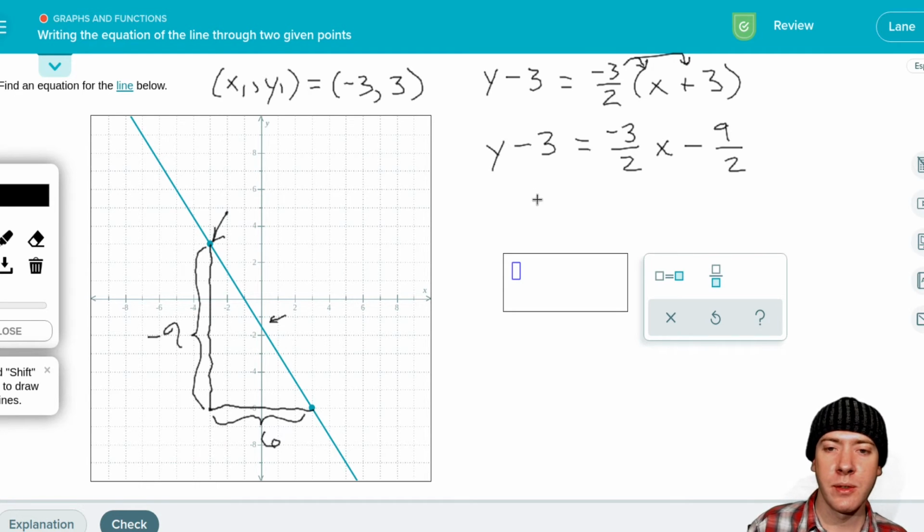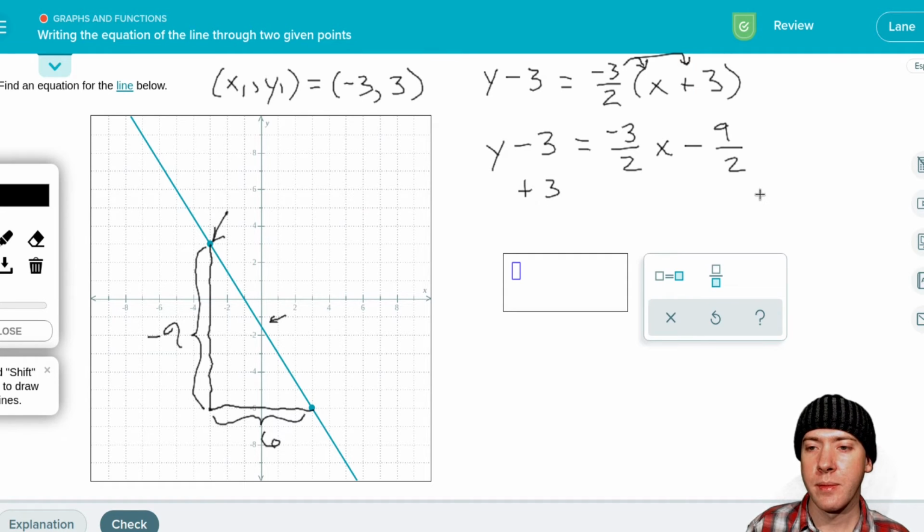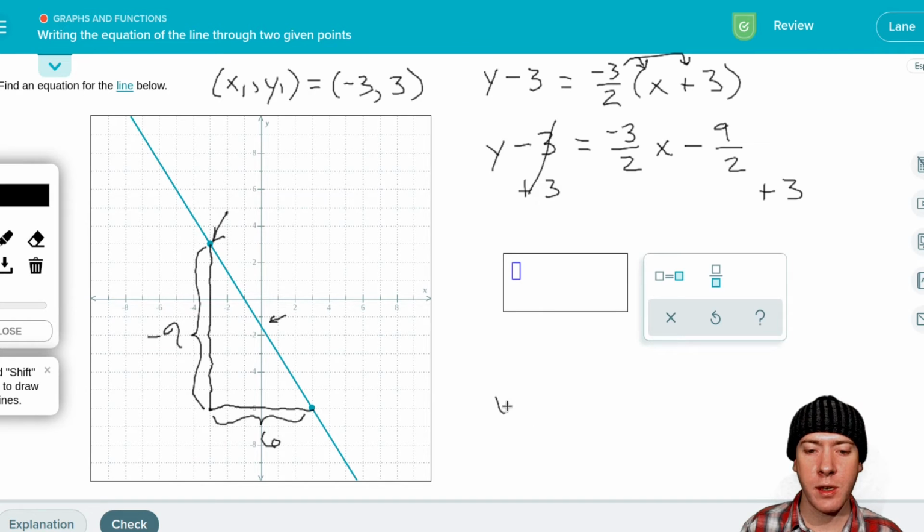Now the last thing that we need to do to get the y by itself is to add 3 to both sides, so that this will cancel out, and on the left-hand side, we're just going to have y. On the right-hand side, we'll have -3 over 2x, and then we need to add these two numbers together. What is -9 over 2 plus 3?